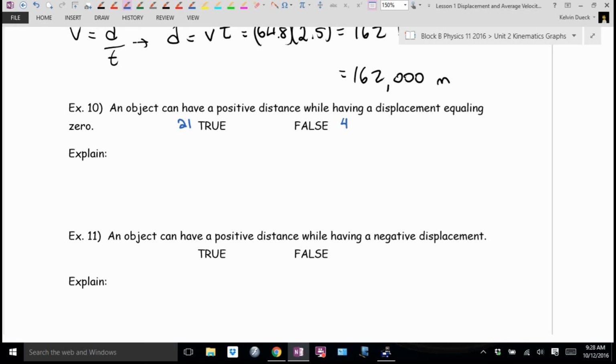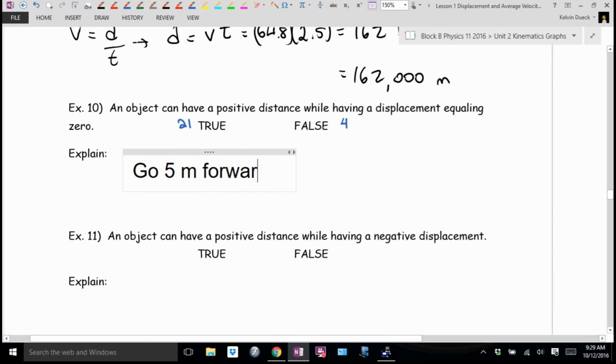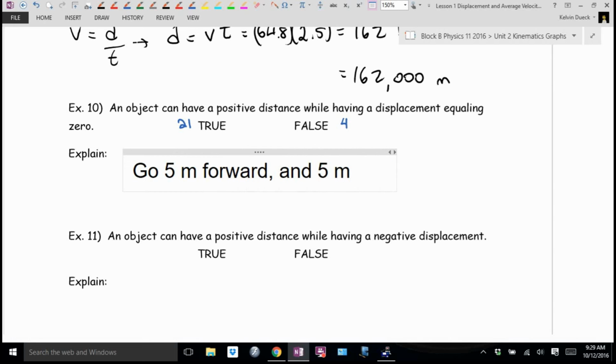Yeah. Could end up reaching the same point where it started. So you're saying, as an example, go 5 meters forward and 5 meters backward. Oh, sure. If in fact you wanted to do it generic, go X meters forwards and X meters backwards.